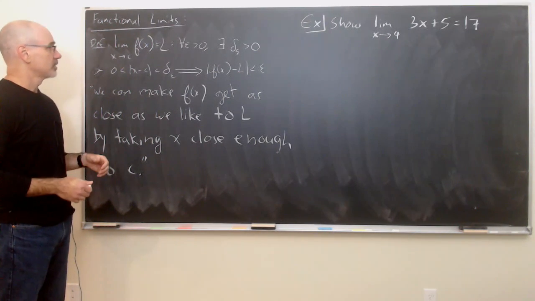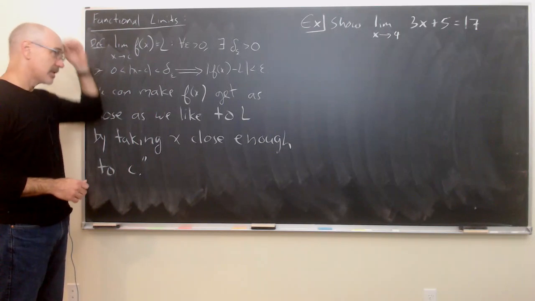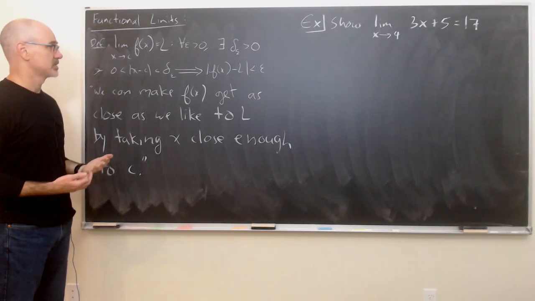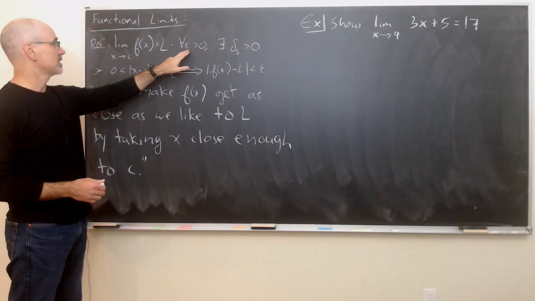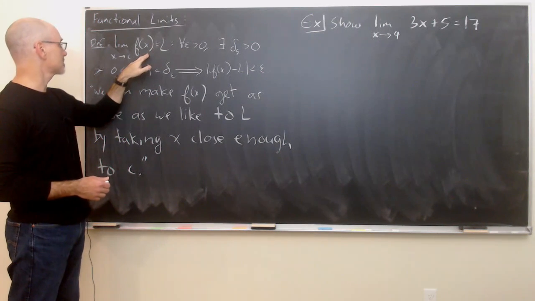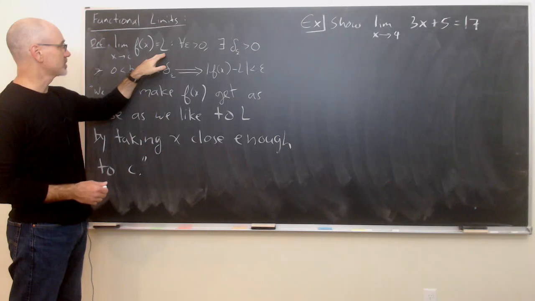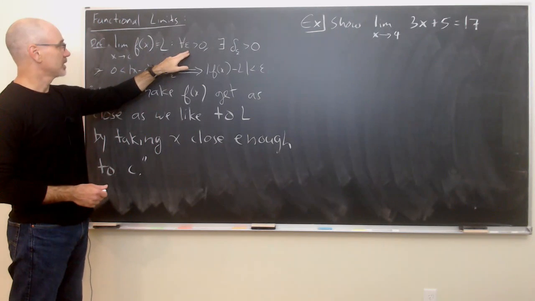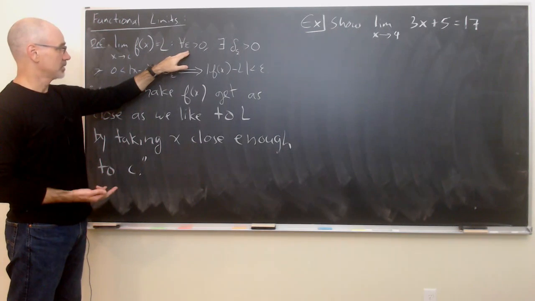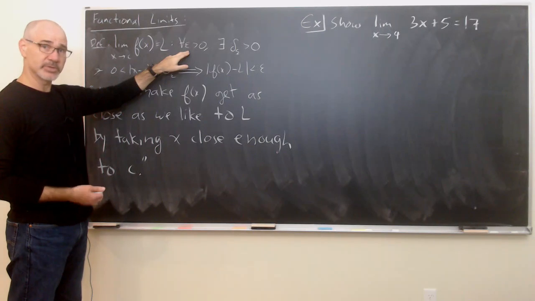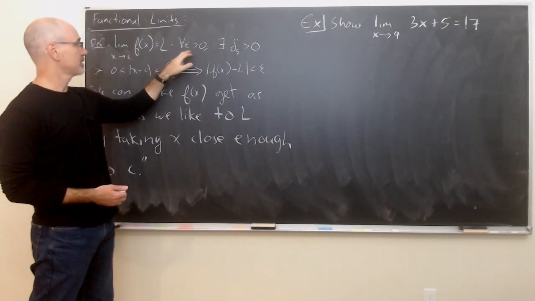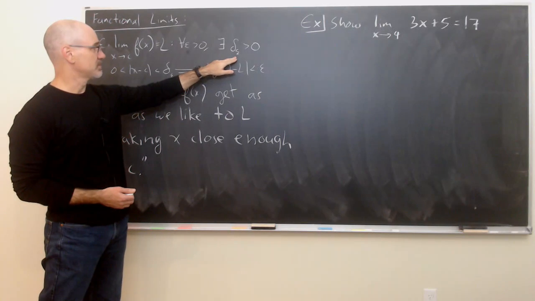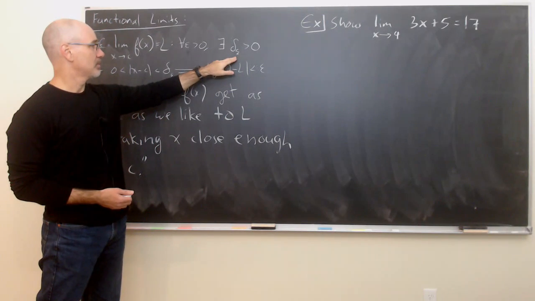All right, so the full version, this is kind of using the abbreviated notation. The full version is in the text or in the notes. But we say that the limit of f of x as x approaches c equals L if for every epsilon bigger than 0, so some real number, we typically think of it as a small real number, but for every epsilon bigger than 0, there exists some delta, which often depends on the epsilon.